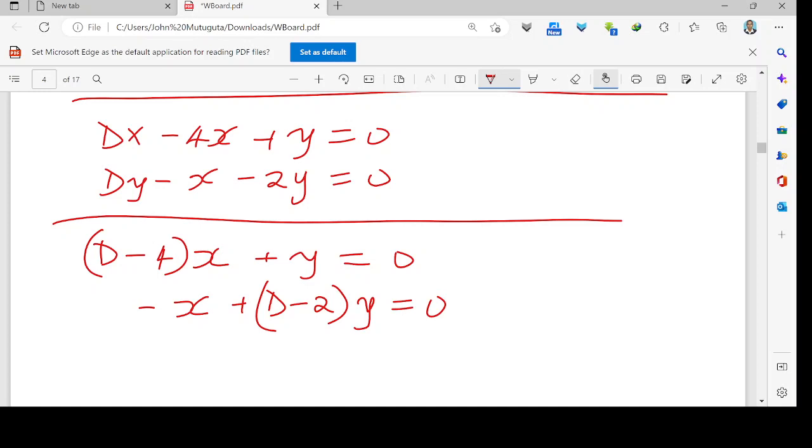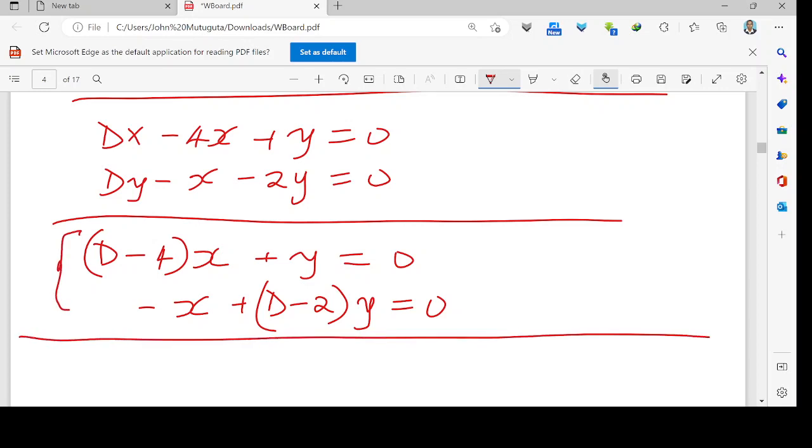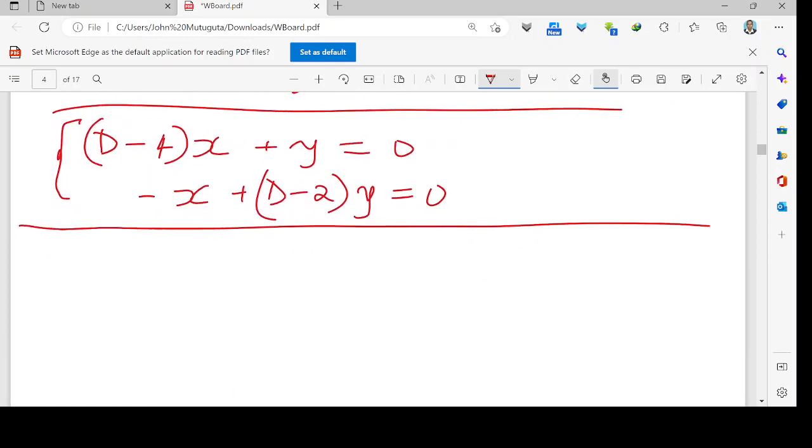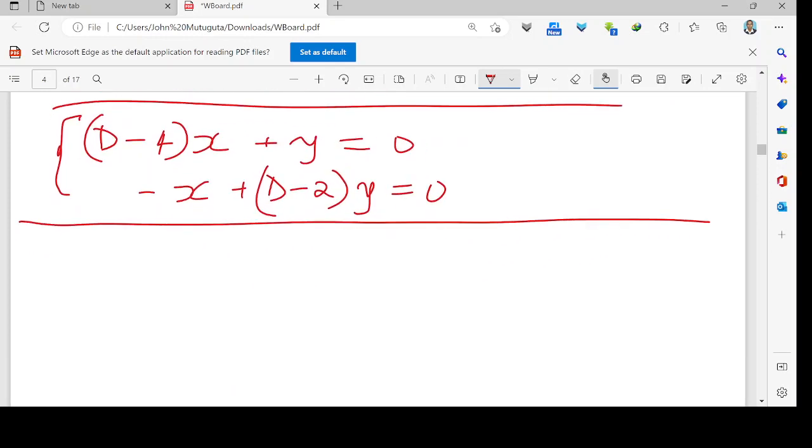So we can start by eliminating y as before, or we can start by eliminating x. Suppose we decide to eliminate x first. In the first equation, the coefficient of x is D minus 4, which is an operator. In the second equation, we have a constant, minus 1. So if we want to eliminate x, we can operate the second equation by D minus 4.